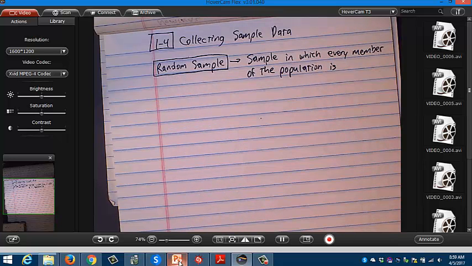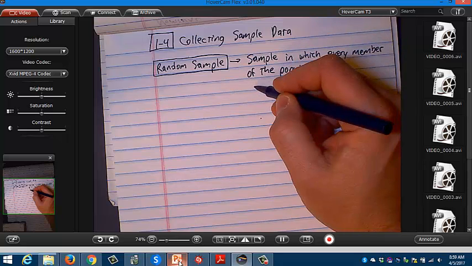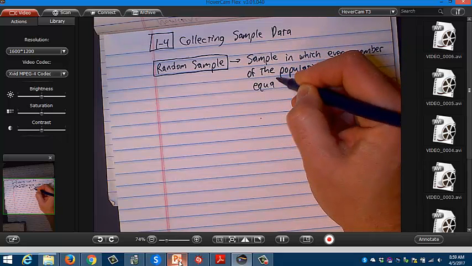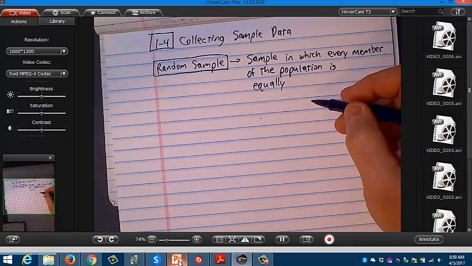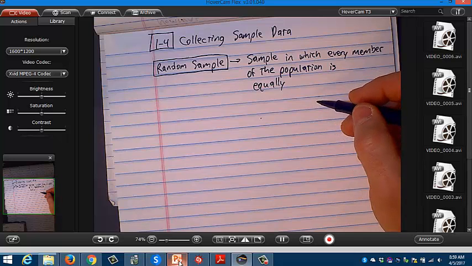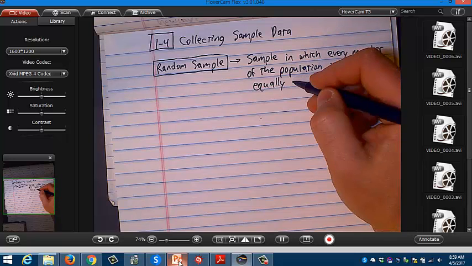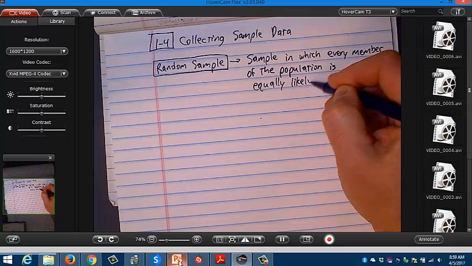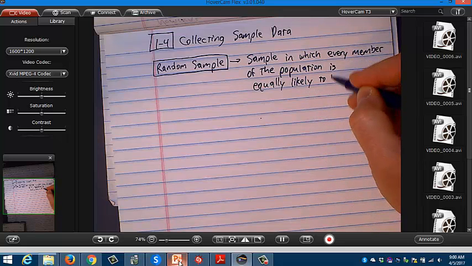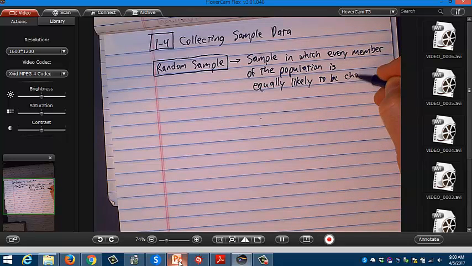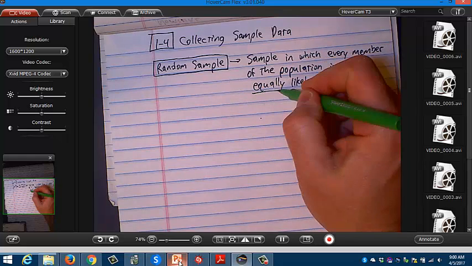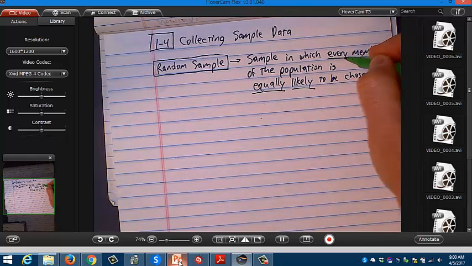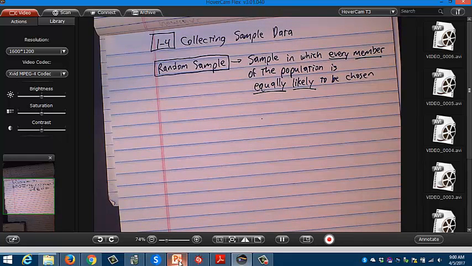It also has to do with probability. Equally, do you know what the other word's going to be? Equally likely is what I'm going to say, to be chosen. So here's the key phrase, random sample. So every member is equally likely to be chosen.